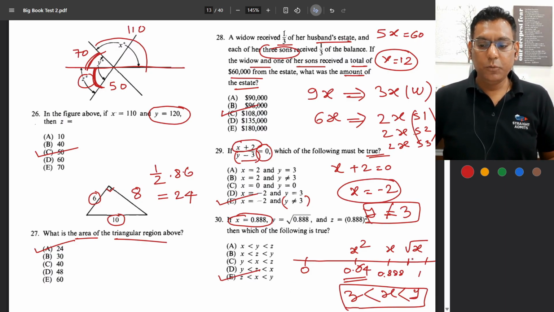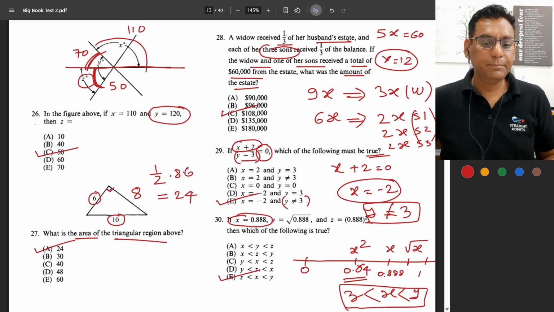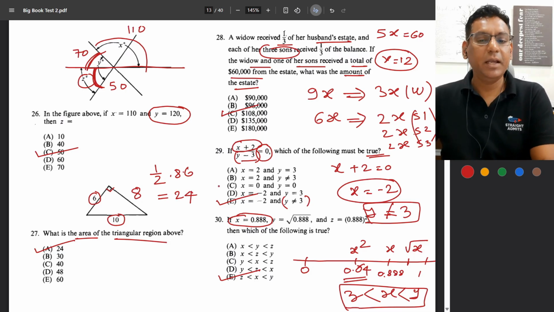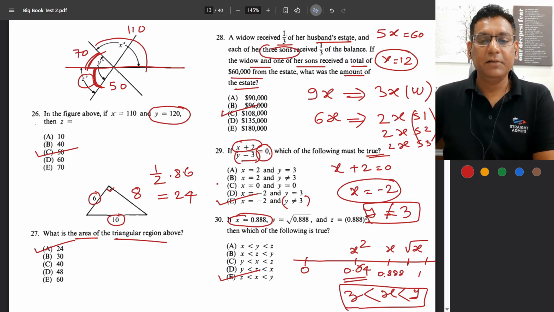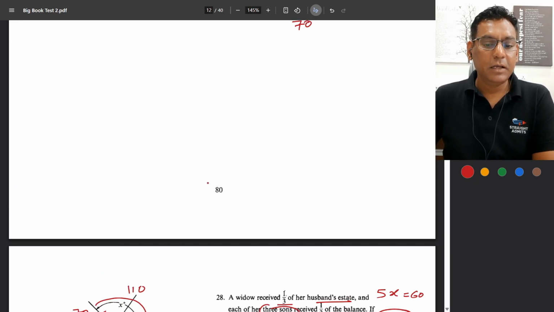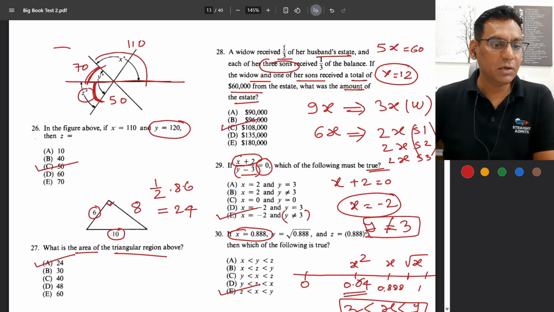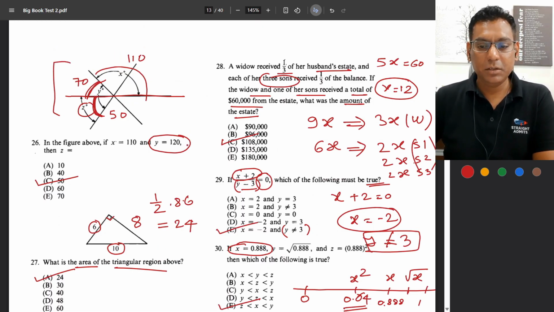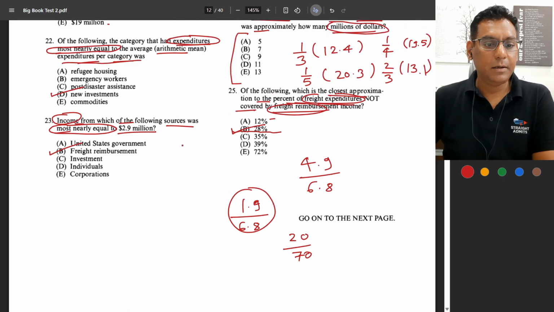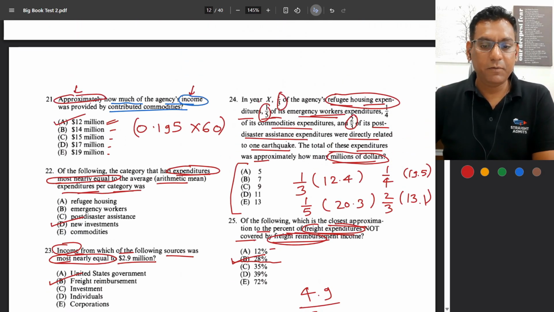Okay, so this was a fairly straightforward set, I would say, as compared to the previous set that we solved, that was test 1 section 7. Some of the questions that I liked in this required a little bit of visualization. The graph question was, I think, pretty straightforward, but I'm not fond of these questions.